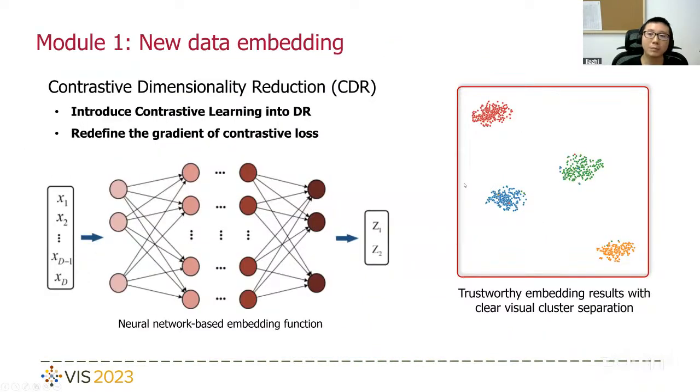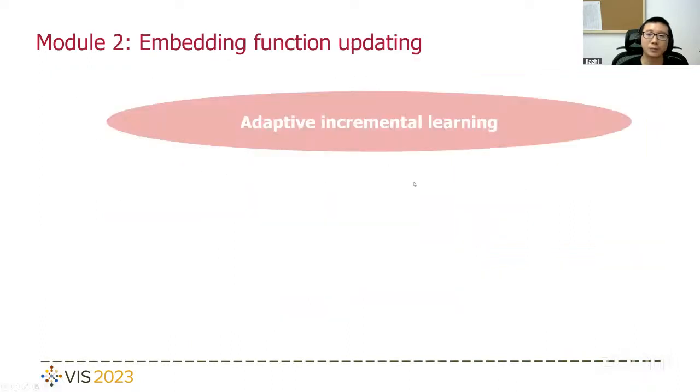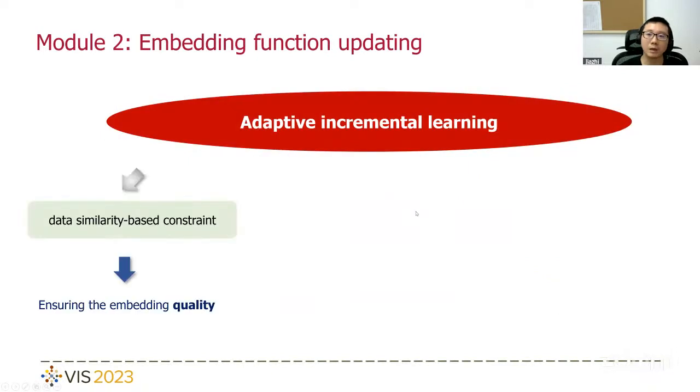The new data embedding is based on our parametric dimensionality reduction. It has the advantage of embedding the new data without recomputing the embedding function. And the learning-based embedding has another advantage.